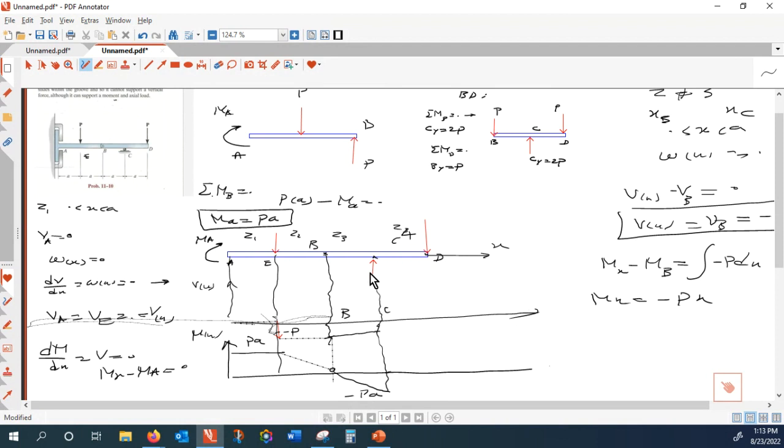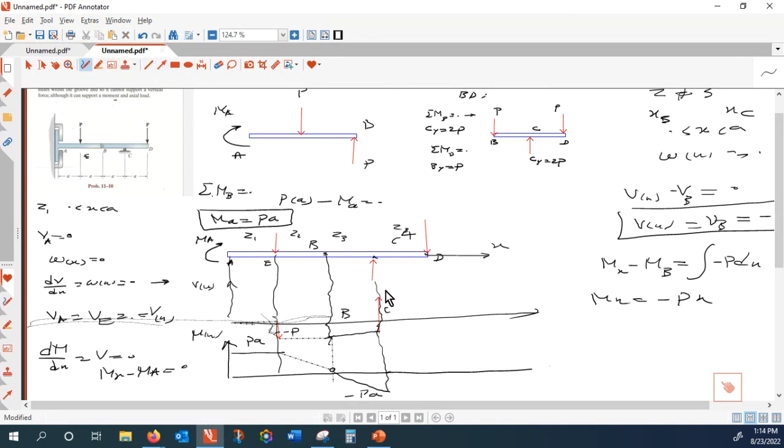And then here I have a discontinuity in shear. So that discontinuity from minus P brings that to plus P, which is 2P. 2P is the magnitude of the shear force here.